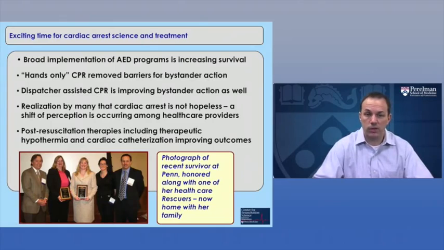The woman in the middle there was the nurse who took care of her in the emergency department. She's now been restored to life and health and is back with her family. And here she's pictured at one of our resuscitation courses with myself and some of my colleagues and the nurse who took care of her. So we have many wonderful stories now of cardiac arrest survivors, and they're helping inspire us to do greater and greater things to improve outcomes from sudden cardiac arrest.